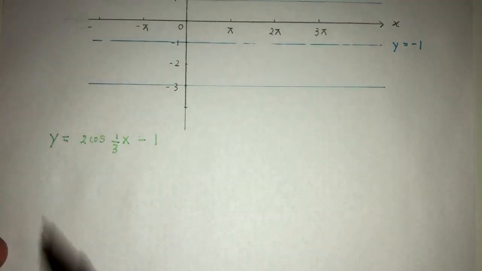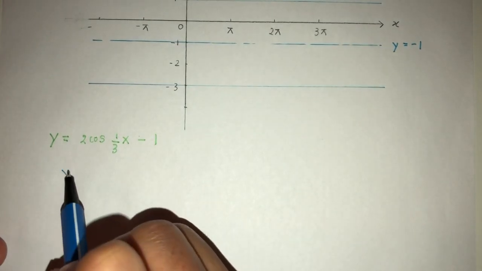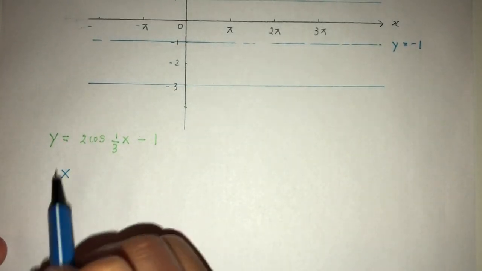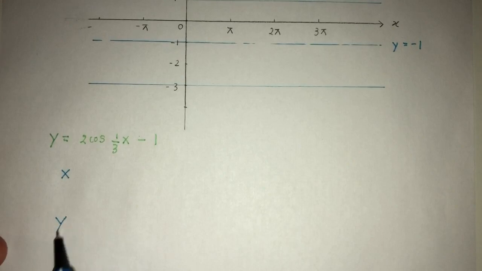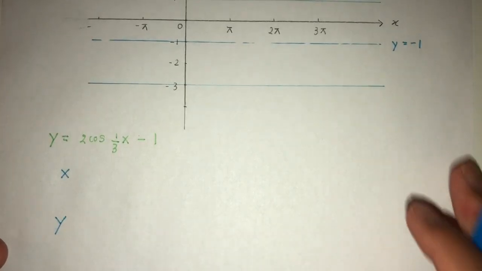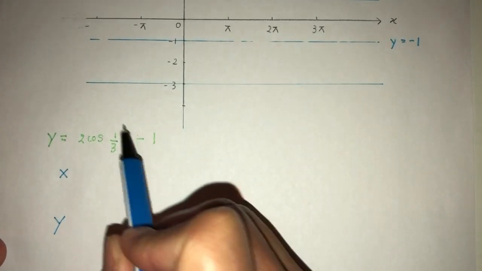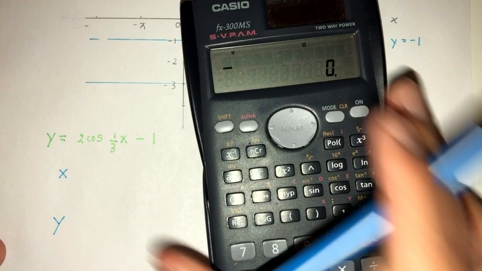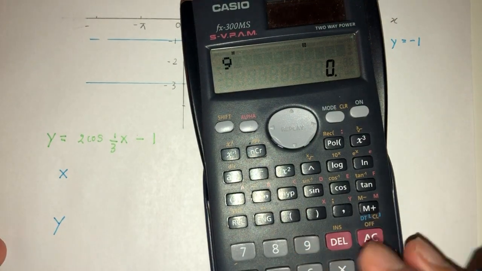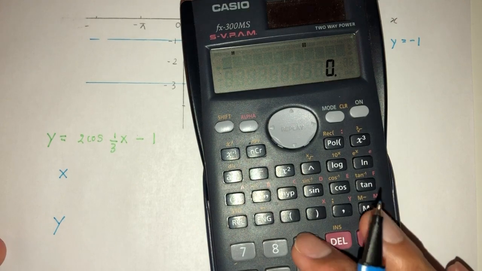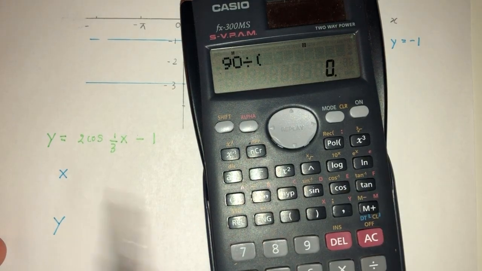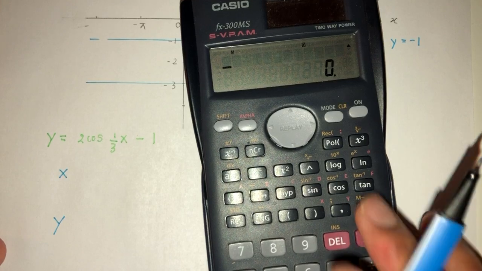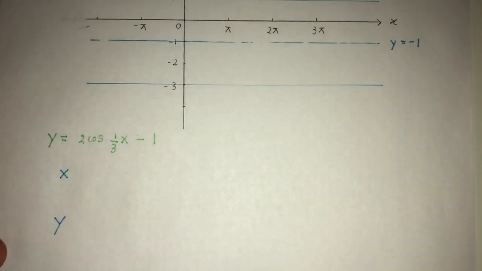So you want to find the values of x, and we want to find the corresponding values of y, right? Now we have this value here. Usually to find a good interval, we take 90 divided by the value here, which is 1 over 3. That will be 270. So a good interval will be 270.